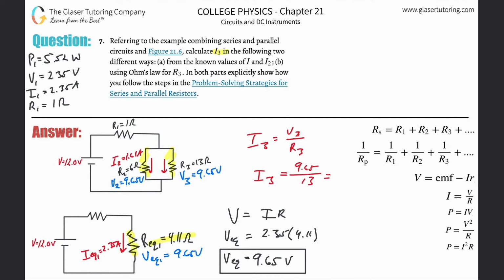And this works out to be 0.742 amps. That's the current flowing through this resistor, 0.742 amps. Now look at something.